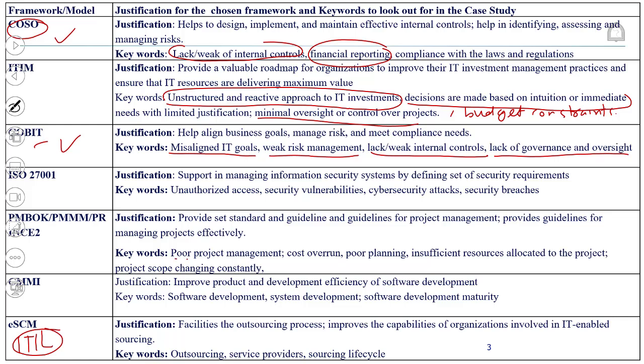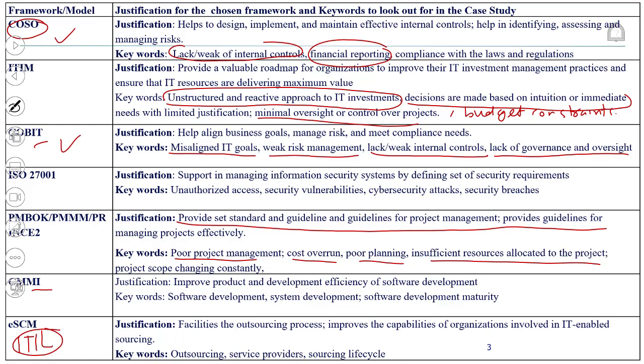So, poor project management, cost overruns, poor planning, insufficient resources. You see those, think about any of those frameworks, and you can provide that as your justification. CMMI is mainly used for software development.